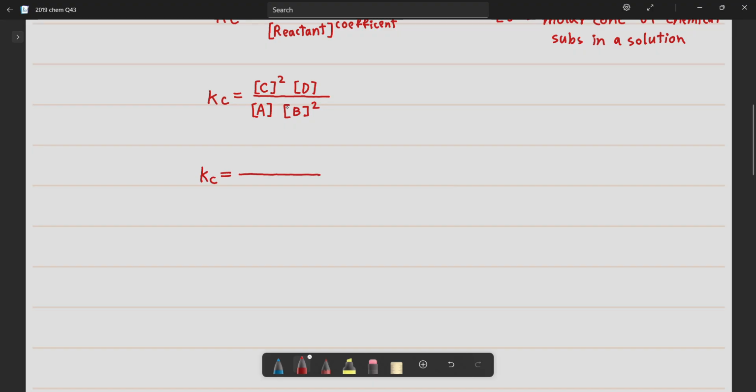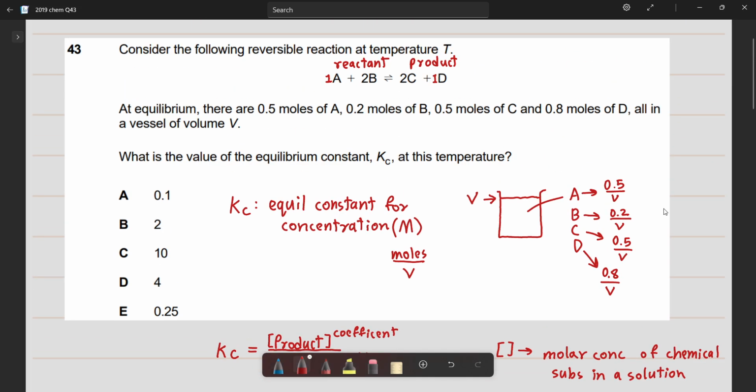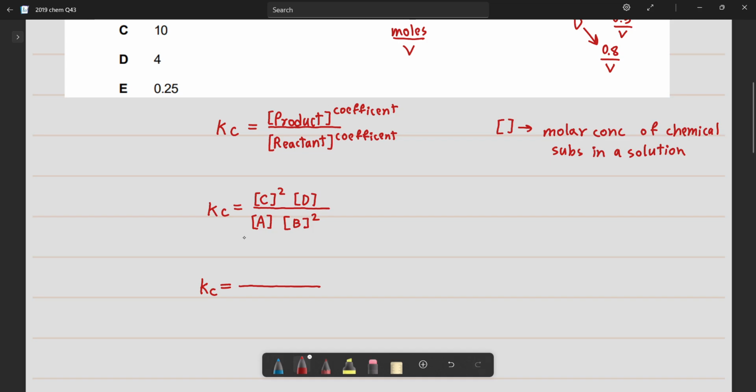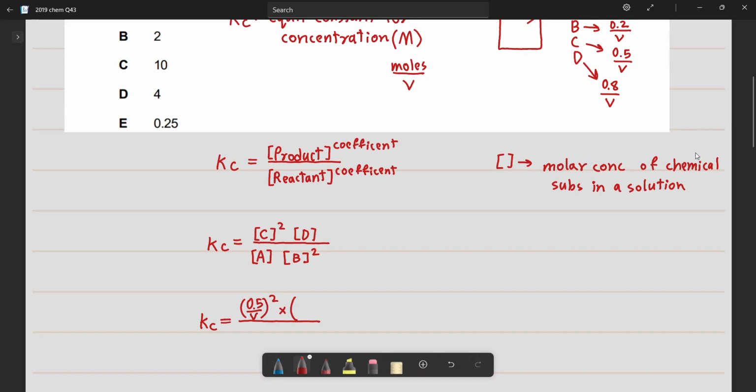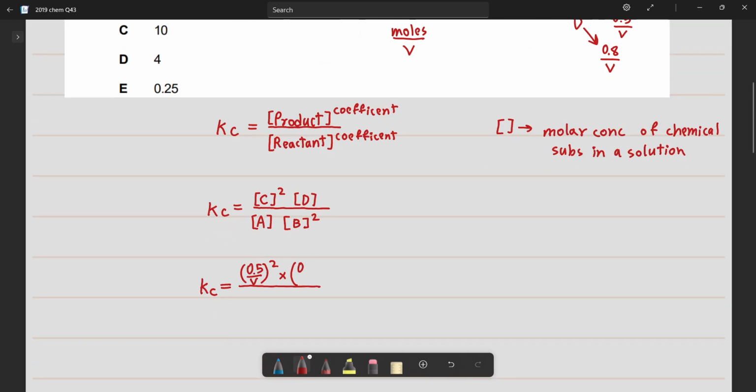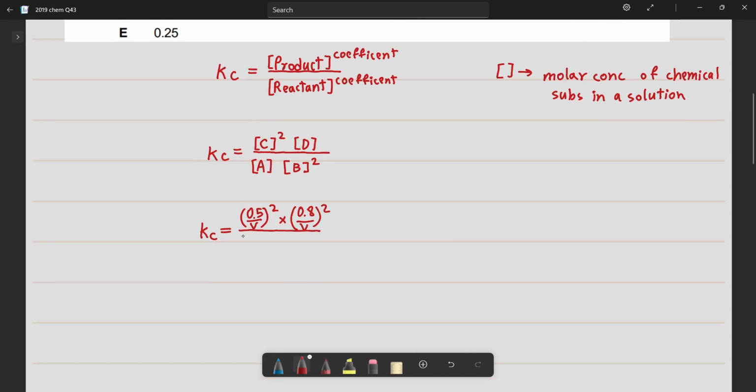So in the place of C, as I've told you, it's 0.5 by V, squared, times for D it is 0.8 by V. Okay, 0.8 by V, and for A it is 0.5 by V to the power of 1, and oh sorry, 1 mole of D forms as a product.